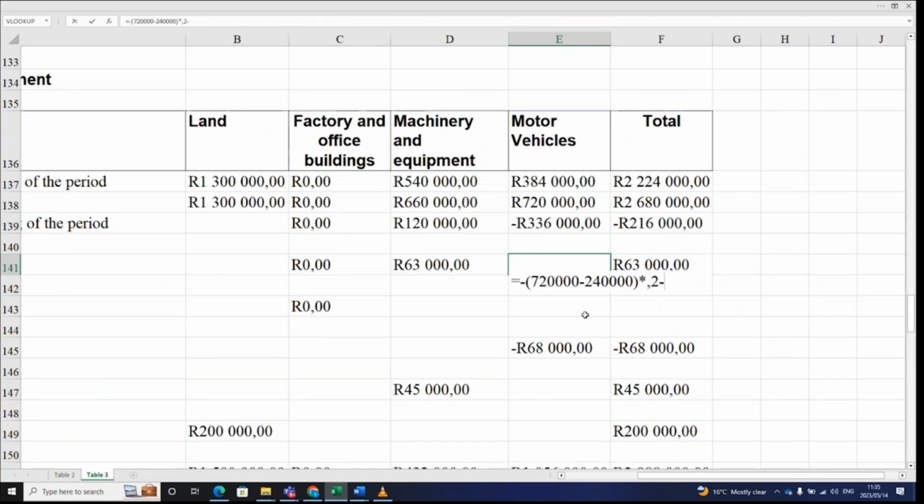So that'll be 240,000 multiplied by 20% multiplied by 7 out of 12, okay? Right, so it's depreciation for the whole year of the remaining assets, and then the assets that were disposed of, we apportion, right?